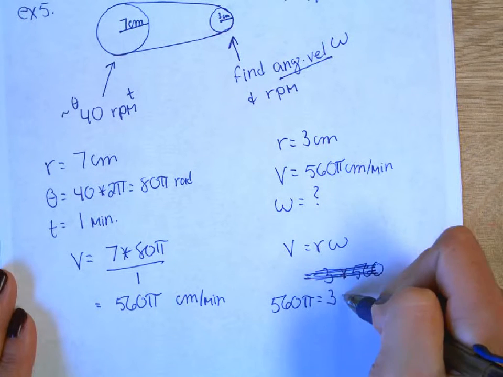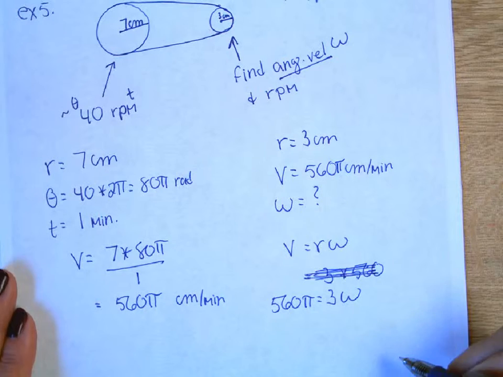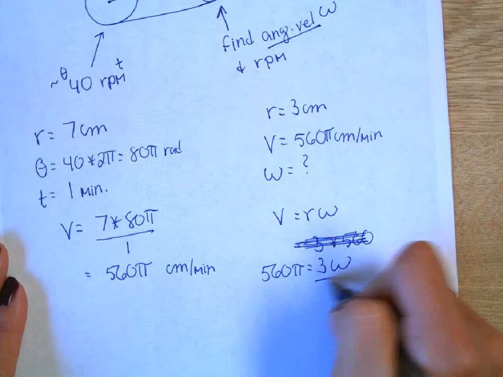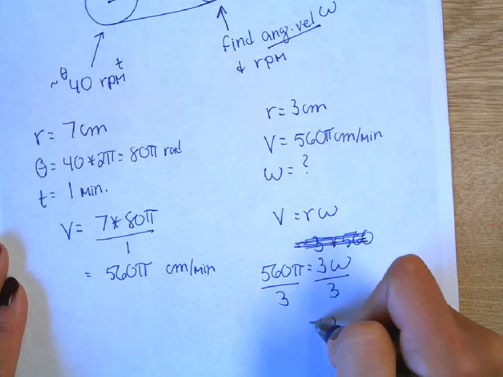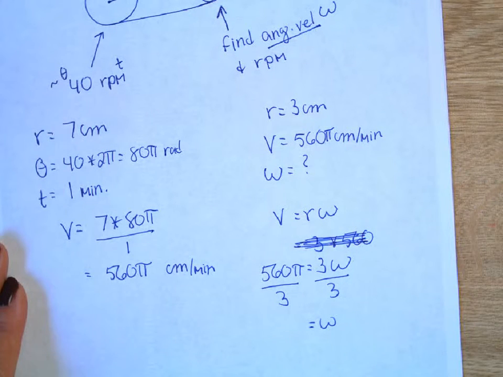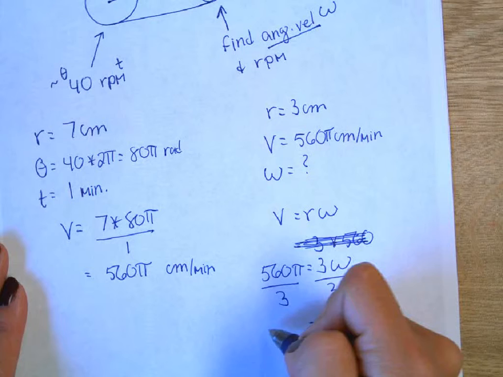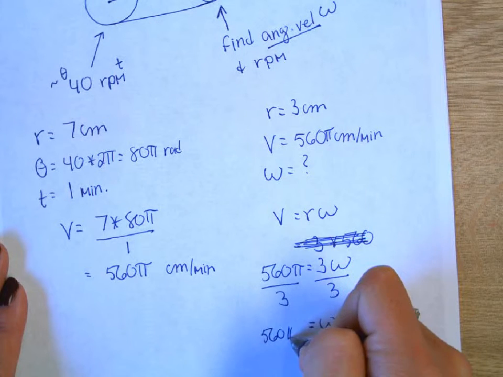Radius is 3. W is what I'm looking for. What are we getting there? Not a pretty number. Let's just leave it like that then: 560 pi over 3.